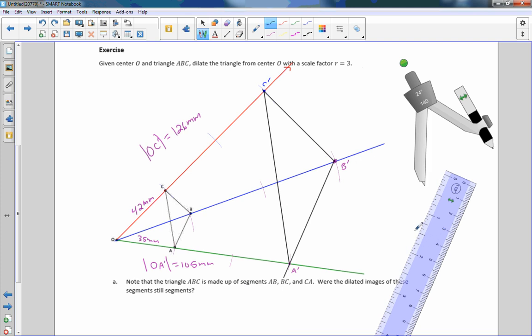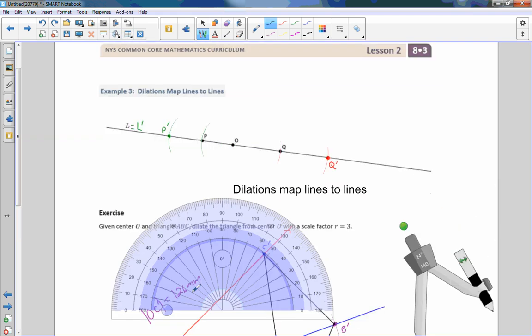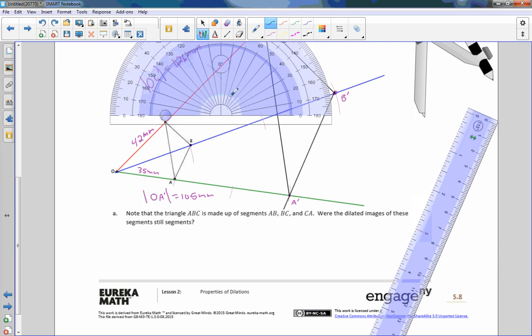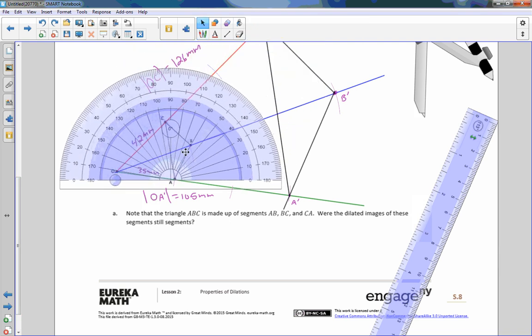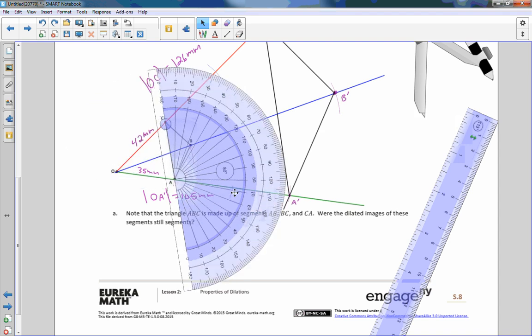Okay, so now if I take a compass and a ruler, we're going to take a look at a few different things. If I get my compass, and I put this right on A like so, rotate it so I'm at the 0 degree mark, and then move this to B, that will tell me how many degrees AB is.